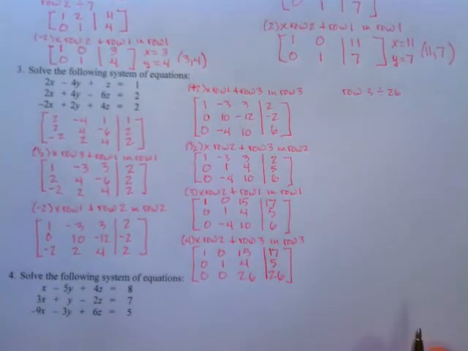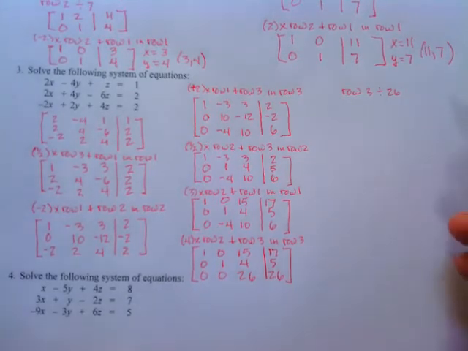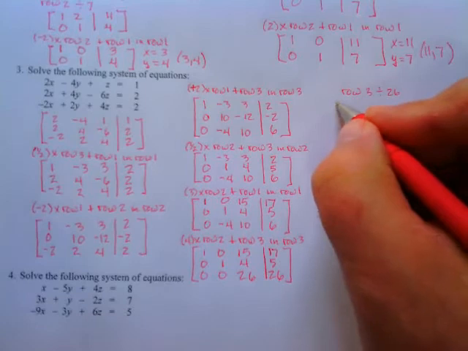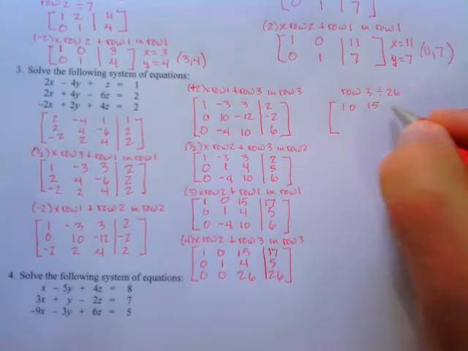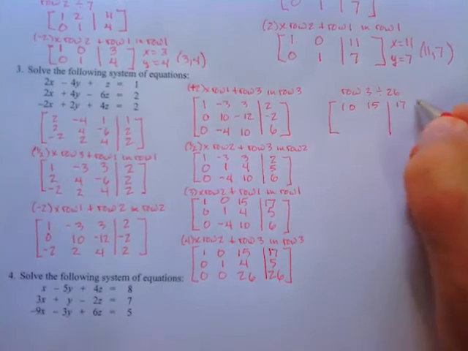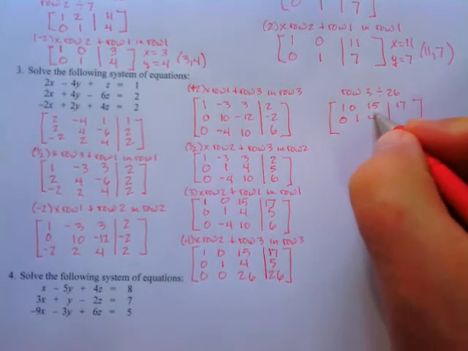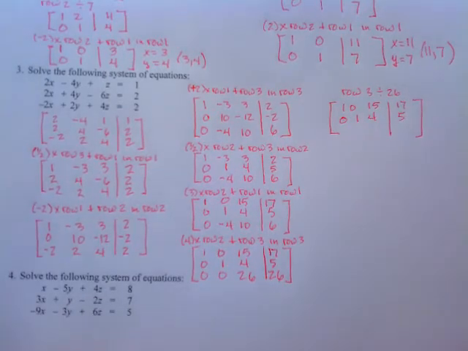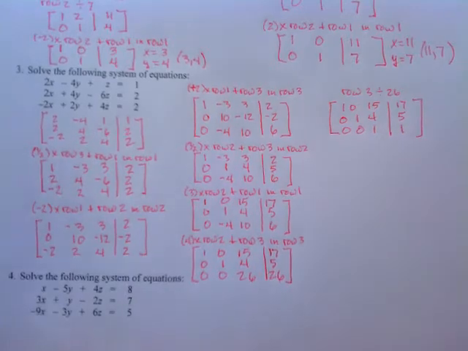So again, since these are both 26, I can just divide them both by 26 and I'll get a 1 there. So I have 1, 0, 15, 17. I have 0, 1, 4, 5, not changing rows 1 and 2. And now I have 0, 0, 1, 1.